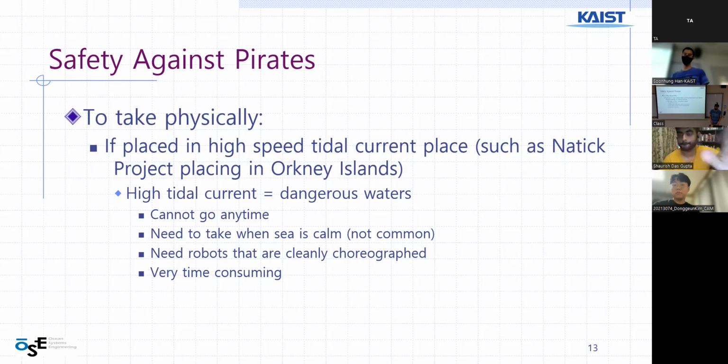It takes Microsoft 1 day just to put the data center down, and also 1 day to take it out. So it is highly unlikely for a pirate to just go and take it physically.